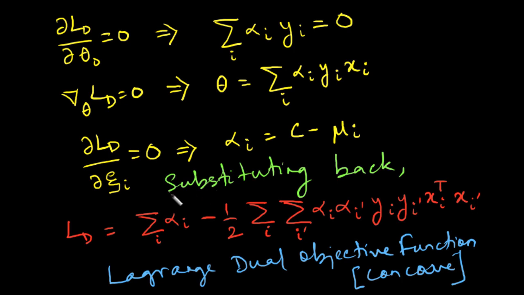So now there is just one more set of conditions which are required to do this job. As I mentioned, we choose our alpha i's to be non-zero only for the support vectors. And where does that come from?